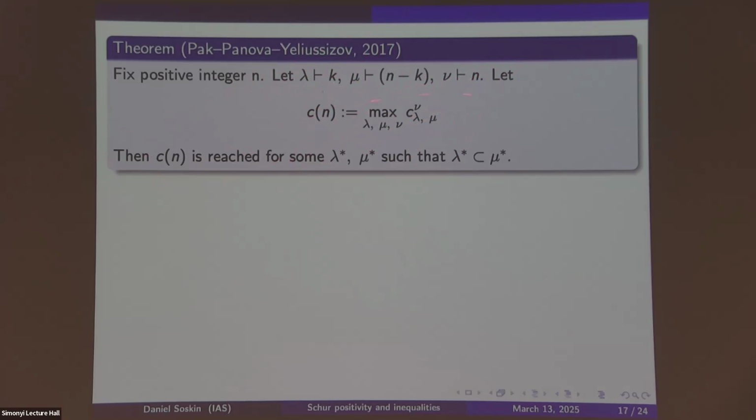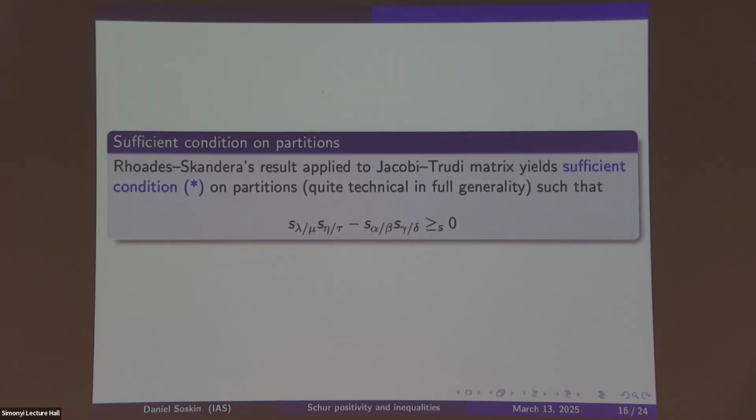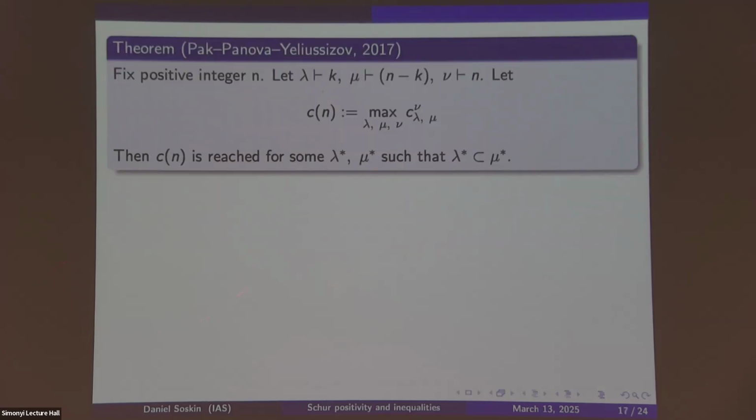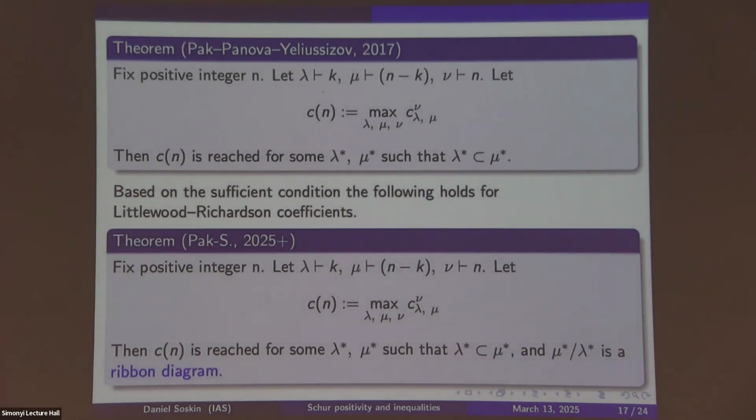What they showed is that this maximum is reached on partitions lambda, mu, nu, where one partition is contained in another partition. Using the idea from this sufficient condition that indices should interlace, we strengthen this theorem by saying that the maximum is reached not only on partitions where one contains another one, but also where they form a ribbon diagram.